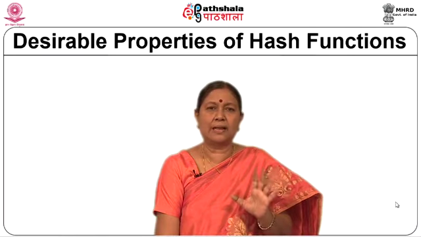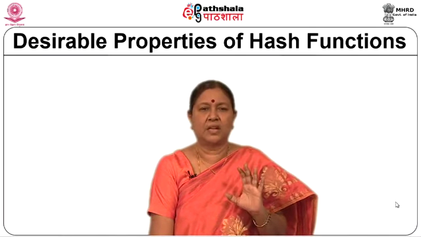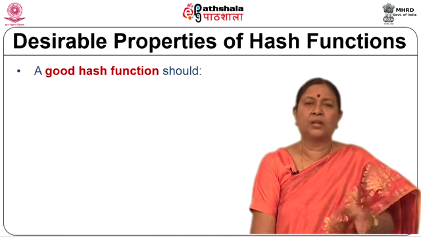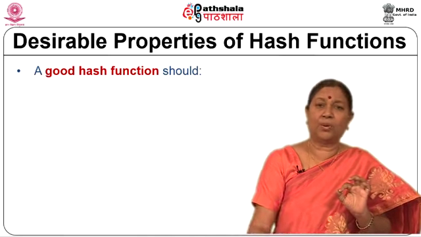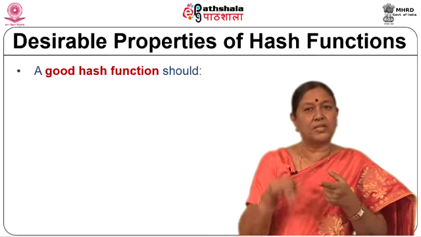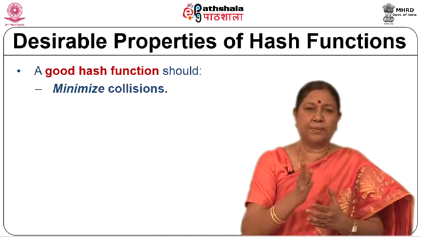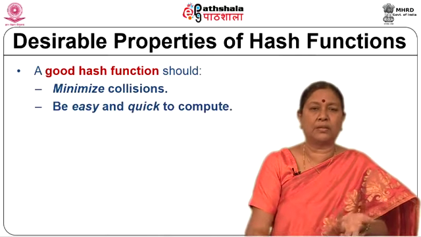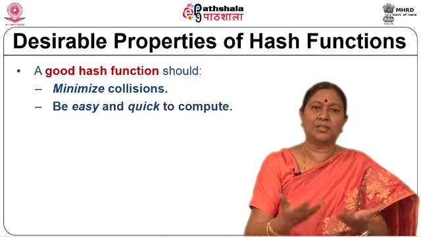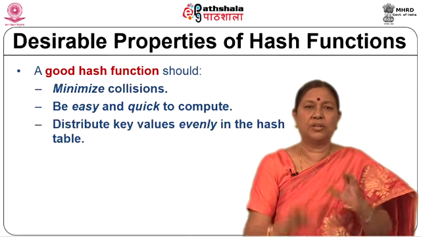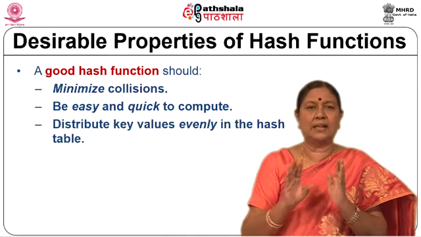Let us look at the desirable properties of hash functions. A good hash function should minimize collisions. I already told you what collisions are: when two keys map to the same location, you want to minimize that. It must be easy and quick to compute, obviously, because you should not take too much time just to do that. And it should distribute the keys randomly in the hash table.